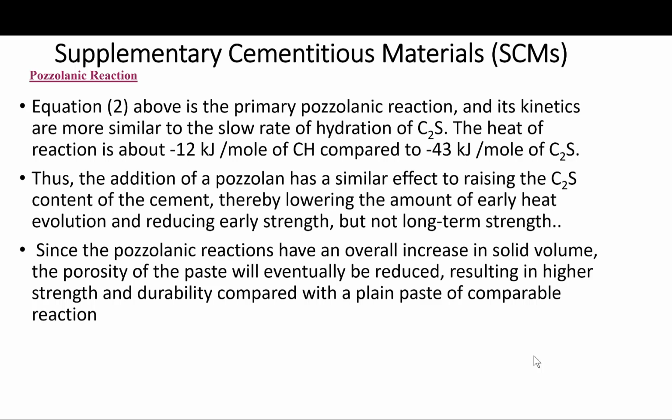So the reaction is very slow and gives off less heat. So the addition of a pozzolan has a similar effect to raising the C2S content of the cement, thereby lowering the amount of early heat evolution and also reducing the early strength, but not the long-term strength, okay? Also, the activation energy for the pozzolanic reaction is about 30 kilojoules per mole.